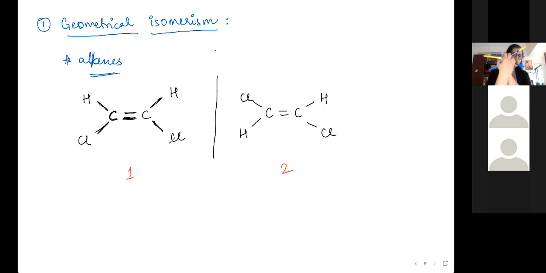Now, what should I do to this in order to get molecule 2? If I make it like this, am I getting molecule 2? No, you still won't get it. If I do this, am I getting molecule 2? No. The alignment won't matter. You just have to switch the pens. Then I guess that's the only thing you can do. Yeah, I have to switch the pens.